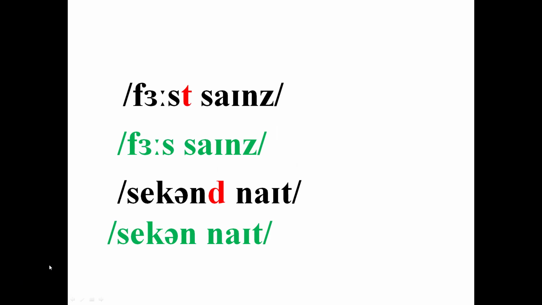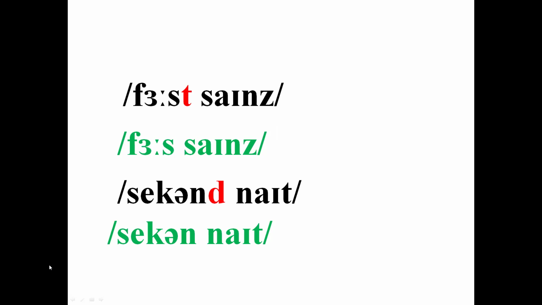When you speak slowly, it will be f, a, s, t, s, i, n, z. The t sound is there, but when you speak it with speed, it will become "fas signs". So the t sound will disappear.